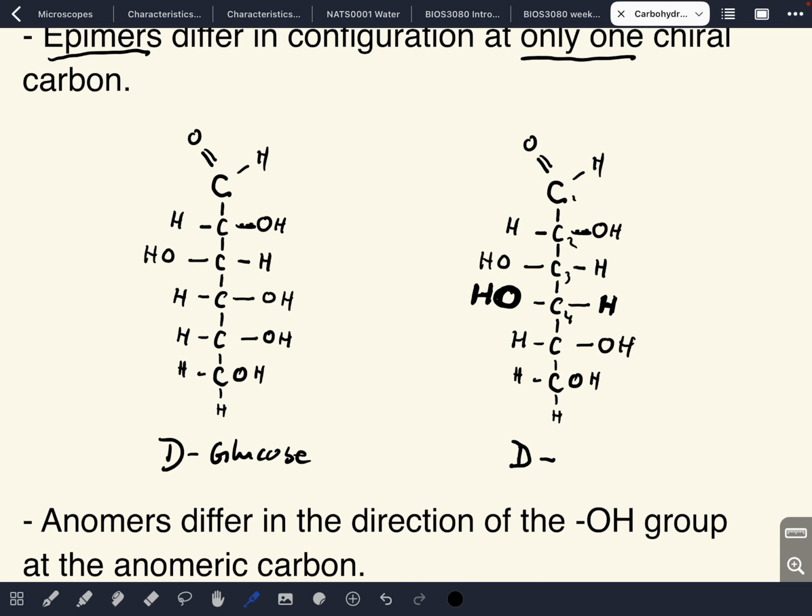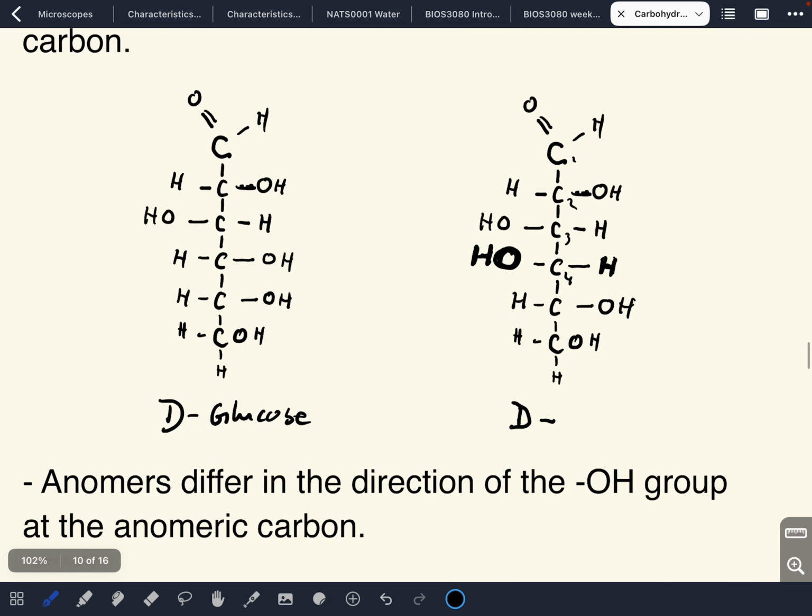So it is a different molecule, very different molecule actually. It still has the same formula, but it is a very, very different molecule, even has a different name.